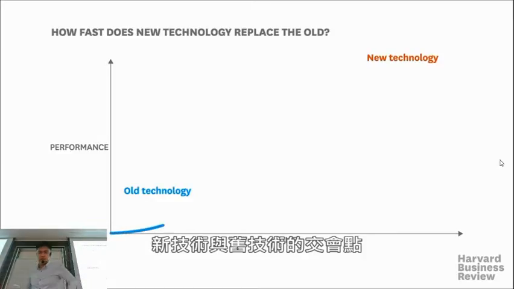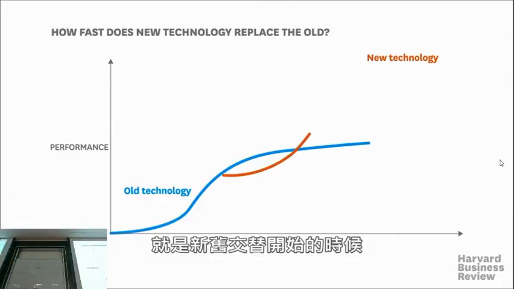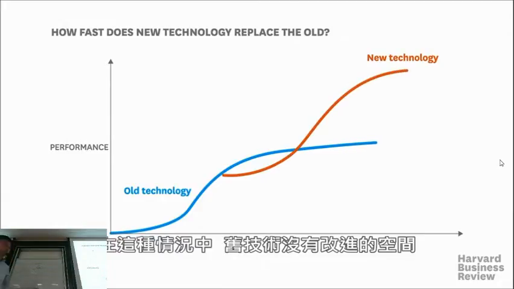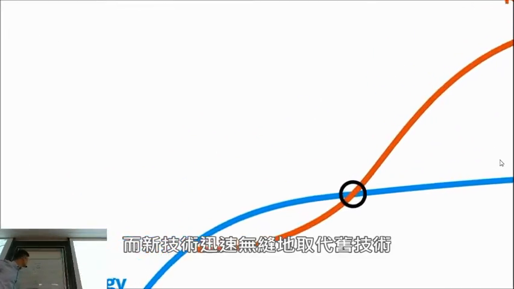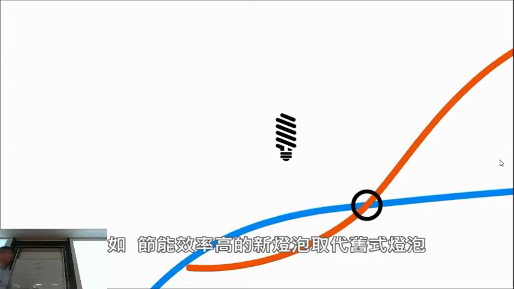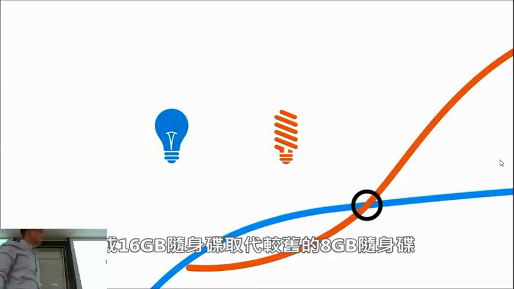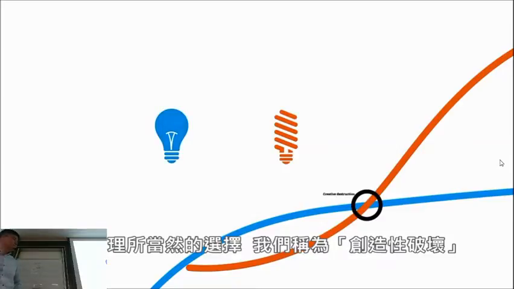The point at which the new technology crosses paths with the old one is the moment when substitution occurs. In this scenario, the old technology has no room for improvement, and the new technology seamlessly and rapidly replaces it. An example of this would be new, energy-efficient light bulbs replacing old-fashioned ones, or 16GB flash drives replacing older 8GB versions. The choice is a no-brainer.